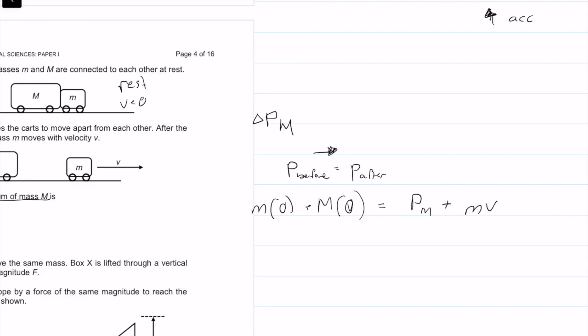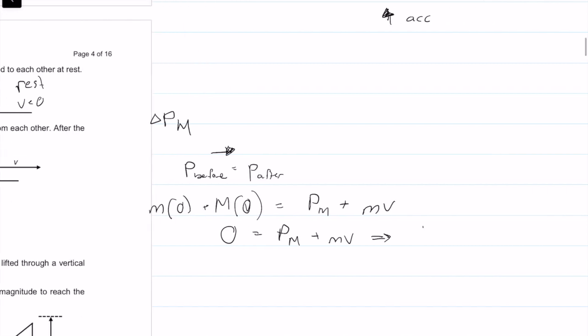Obviously the left hand side of this equation is 0, which is equal to the momentum of the big mass plus small mass times the velocity. So therefore the momentum of the big mass is equal to minus small mass times the velocity.